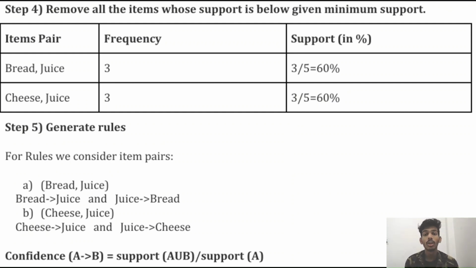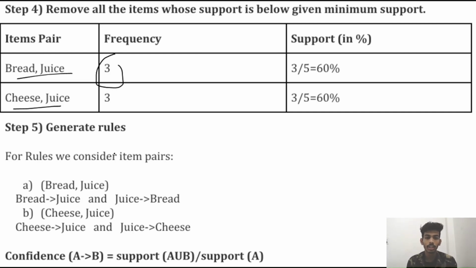Now we remove all the item sets whose support count is below the given minimum support. Only two pairs remain, which are more than the minimum support count: bread juice and cheese juice, whose frequencies are 3 and 3, and whose support count is greater than the minimum support count.